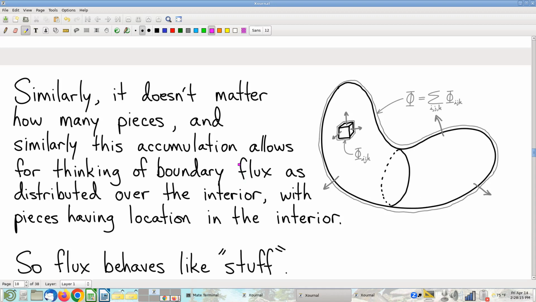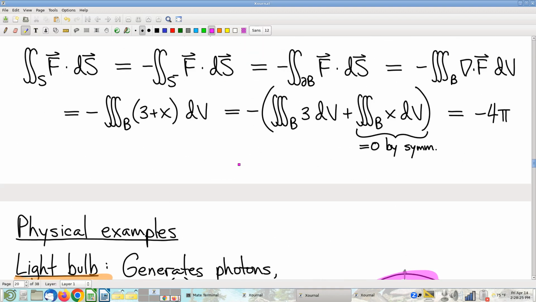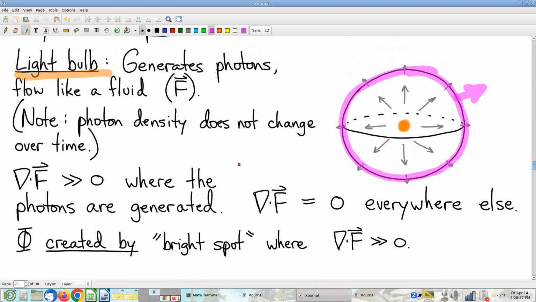It's a little bit of a stretch to make yourself believe that it's actually coming from the interior, even though it's measured on the boundary. But now let's think about this example. If I ask, where does the flux come from on the boundary? Oh, no question. It comes from the hot spot. It comes from the LED. Of course that's where it came from. That's where the photons all came from. That's just an immediate thing, right?